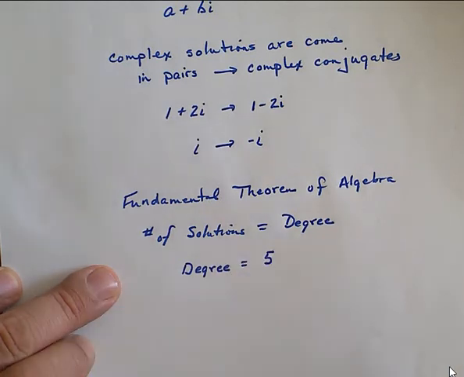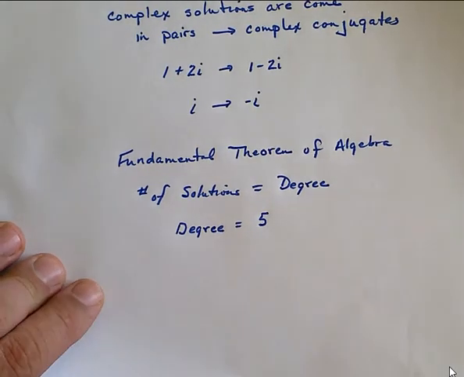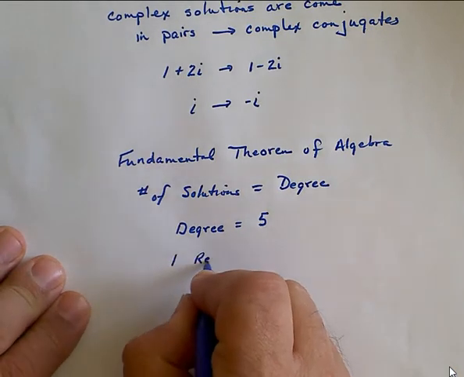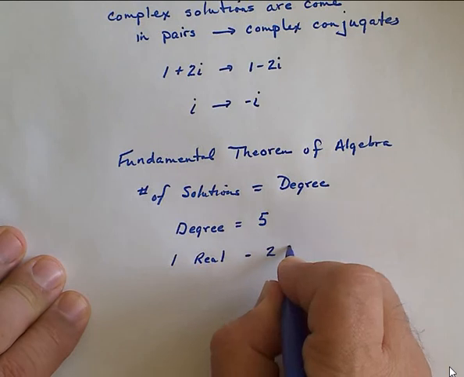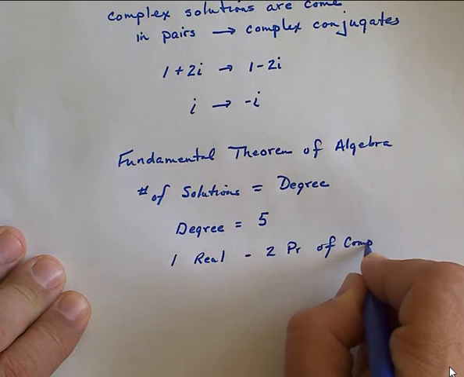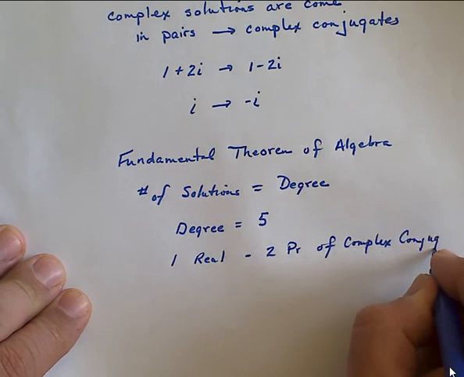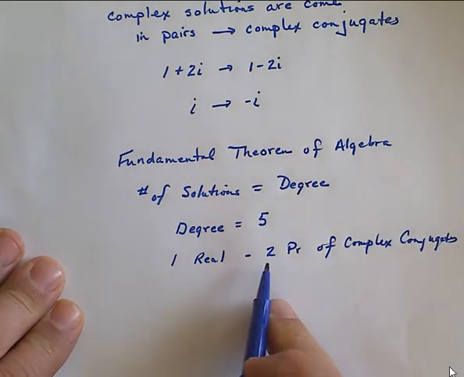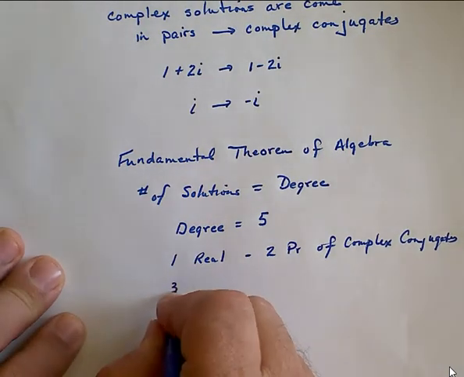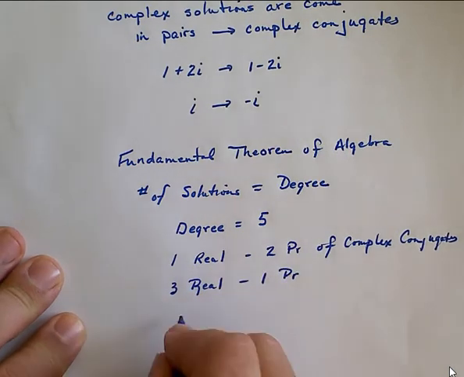If we know that a function has degree 5, think about the following combinations. I could have 1 real and 2 pairs of complex conjugates. 2 pairs means 4, and 1 plus 4 is 5 solutions. Or I could have 3 real and 1 pair, or I could have 5 real.